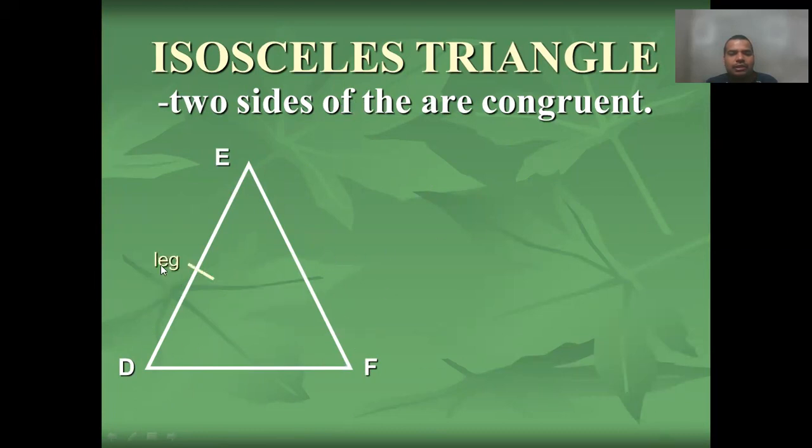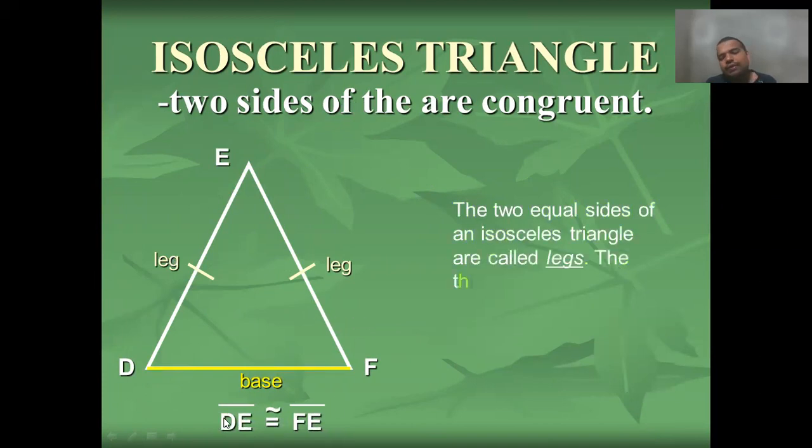In this triangle, both legs have equivalent length, and this one is the base. DE and FE are equal in length. The two equal sides of an isosceles triangle are called legs and the third side is called the base. The criterion for an isosceles triangle is that two sides should be equal.